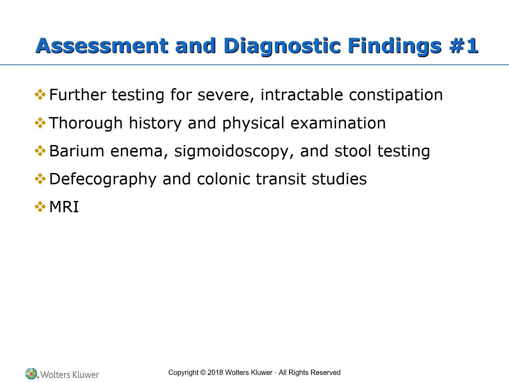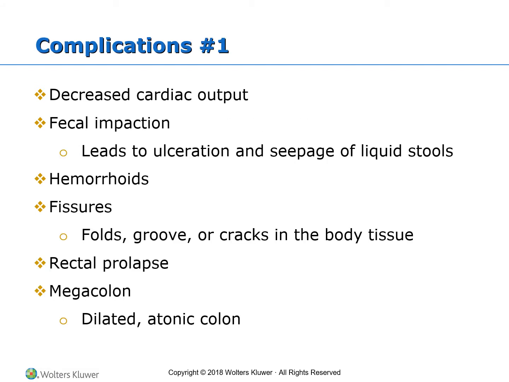If the need for further testing is warranted, then they will go ahead and do further diagnostic tests, but this is generally only if it's severe chronic constipation and it has other complications.